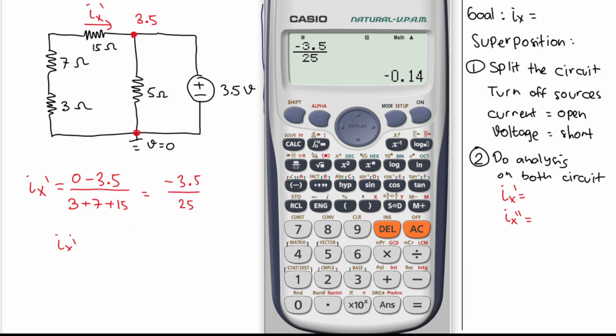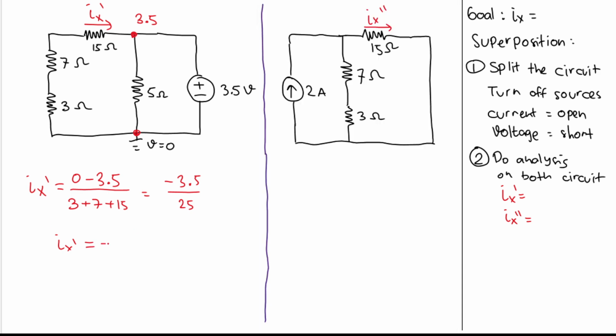And that will be minus 0.14, and the unit here is ampere. Or to make things tidier, Ix prime here is equal to minus 140 milliampere. And that is for Ix prime.